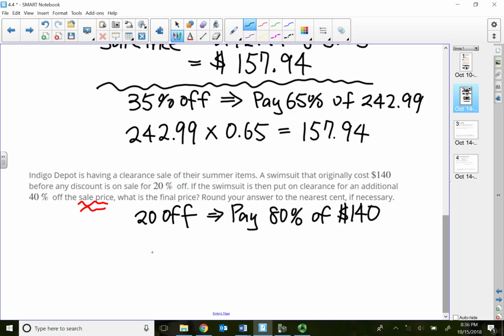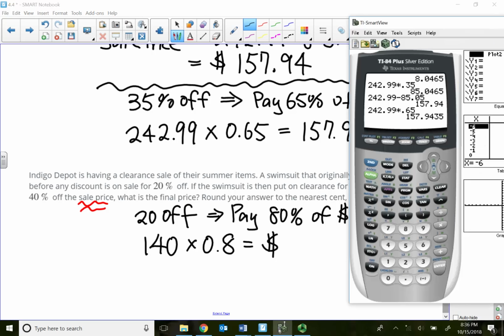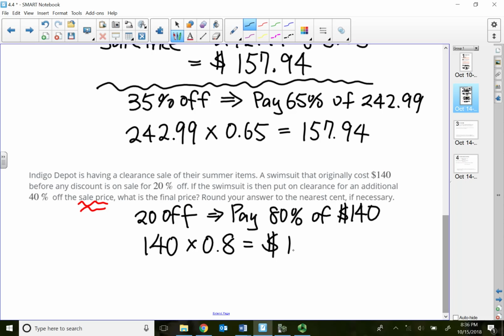That will tell me my sale price after the 20% off, which means I still have to pay 80% of it. So now this swimsuit is $139.20. Now this swimsuit goes on clearance again for an additional 40% off.